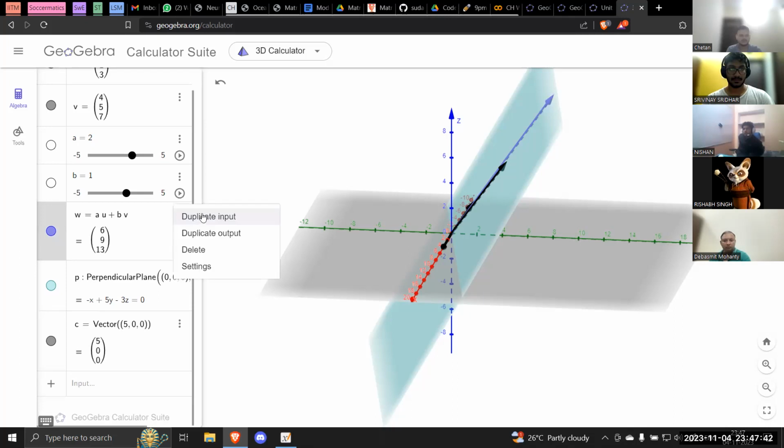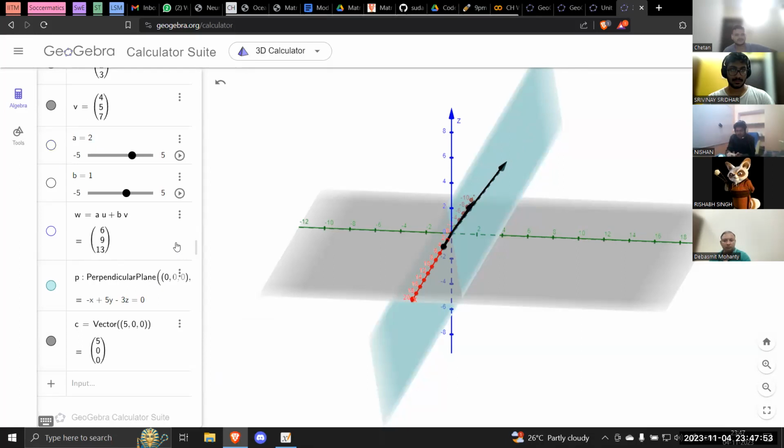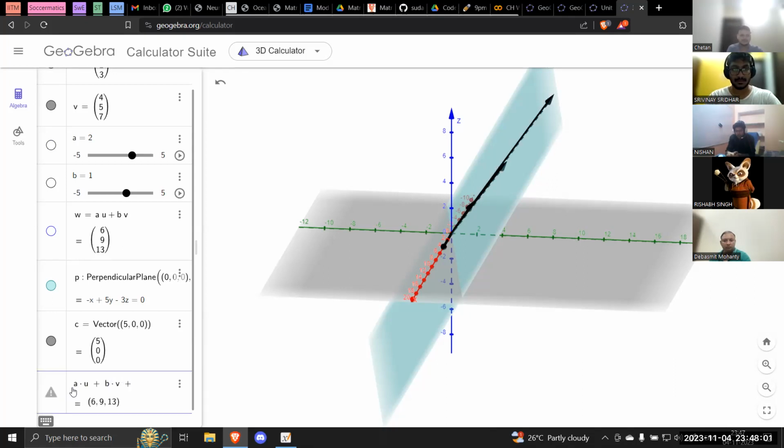We'll have to create another variable. Yeah, perfect. b times v plus d times c.